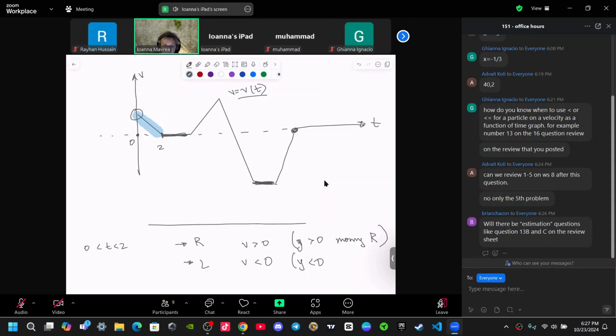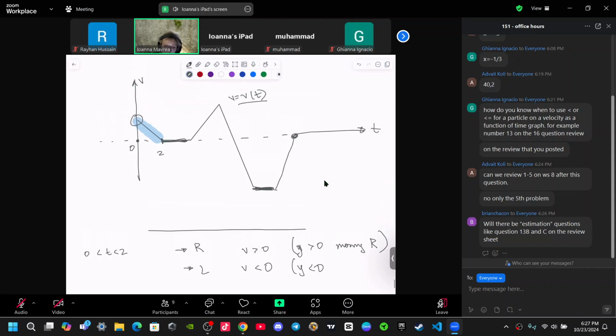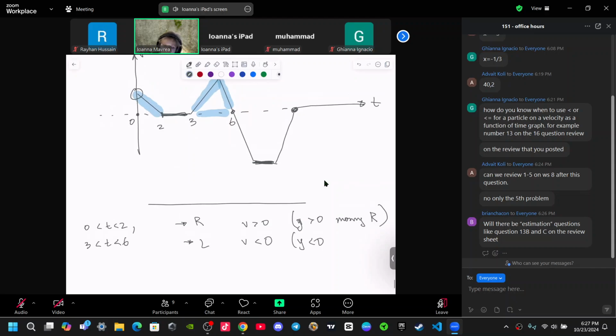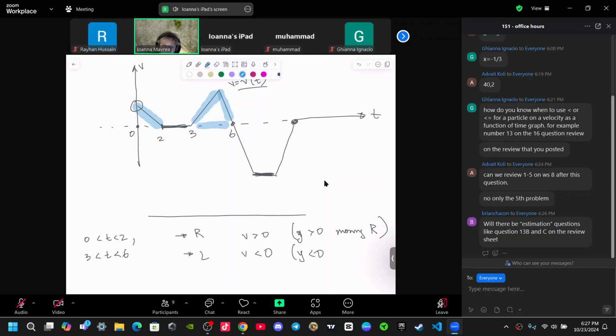Nobody's going to know. You're moving to the right also here because the y coordinate is positive, from here to here. So all these t values, you're moving to the right. From 3 to, what is that? Oh, it is 3 to 6. Also from 3 to 6, you're moving to the right. And you're moving to the right everywhere else where it is positive. Nowhere else is positive.